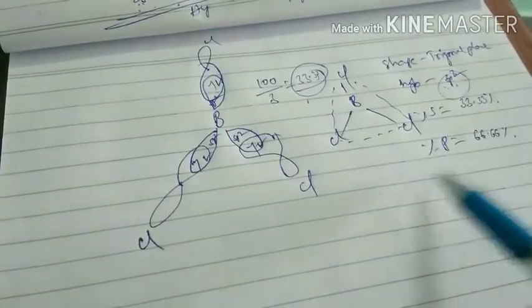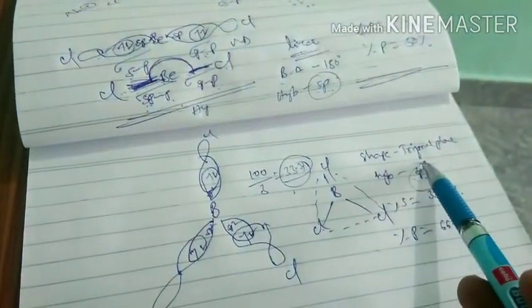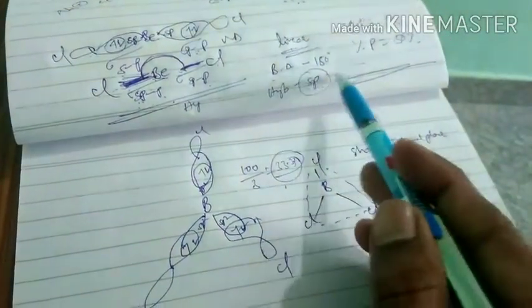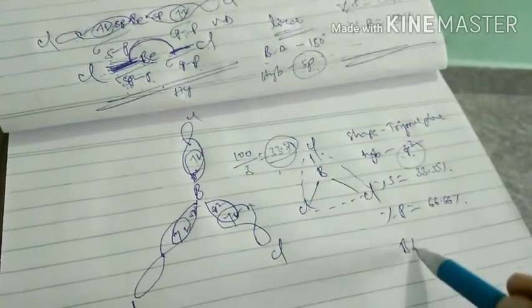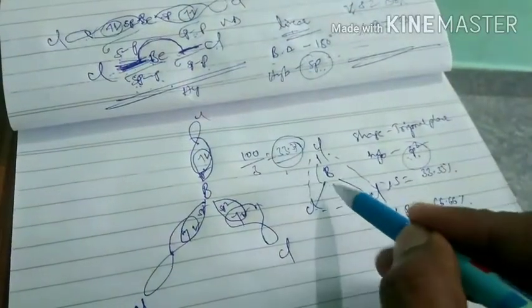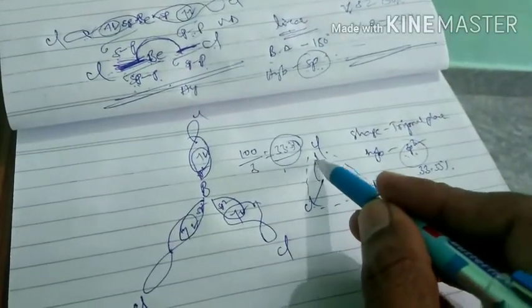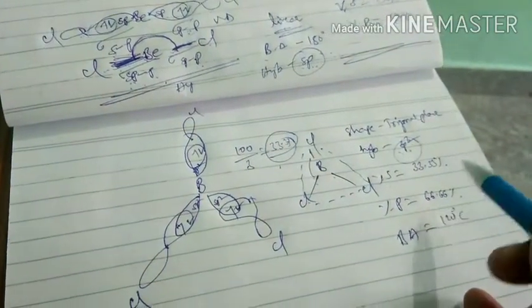So this is all about sp2 hybridization. So in case of sp, what is the shape? Linear. In case of sp2, the shape is trigonal planar. In case of sp, bond angle is 180. In case of sp2, bond angle is 120 degrees between any two sigma bonds. Or if you take these two sigma bonds or these two, bond angle is how much? 120.